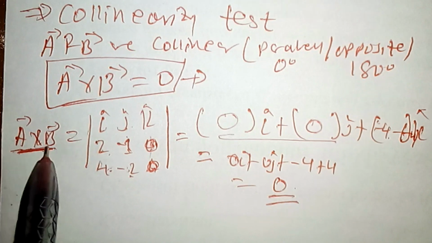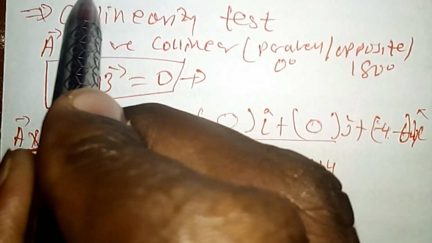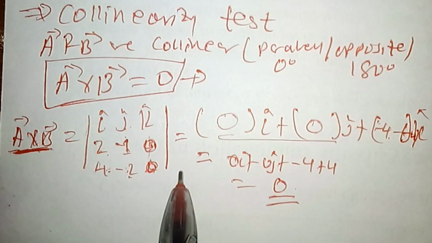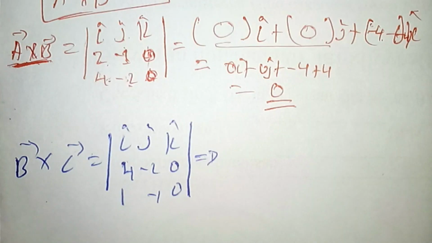So since the cross product of A and B is 0 on alternative A, the vectors A and B are collinear with each other. If we are in an exam, you can stop here, but let's check further for the other possibilities.